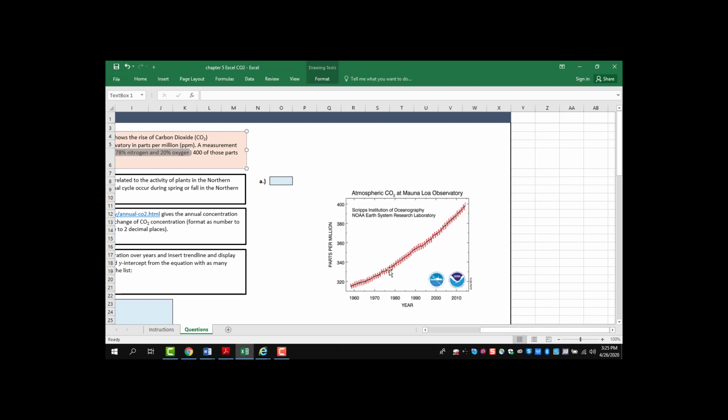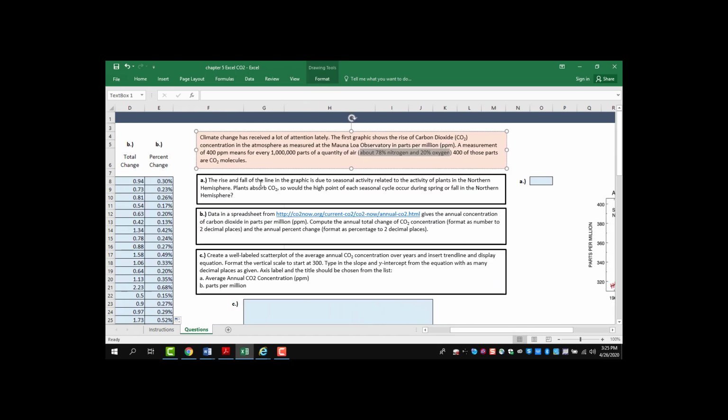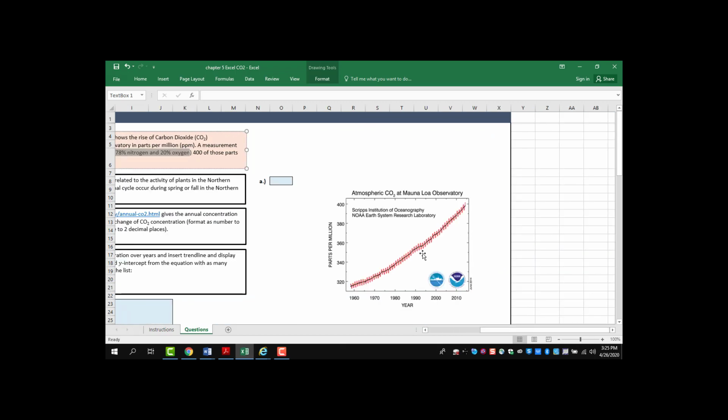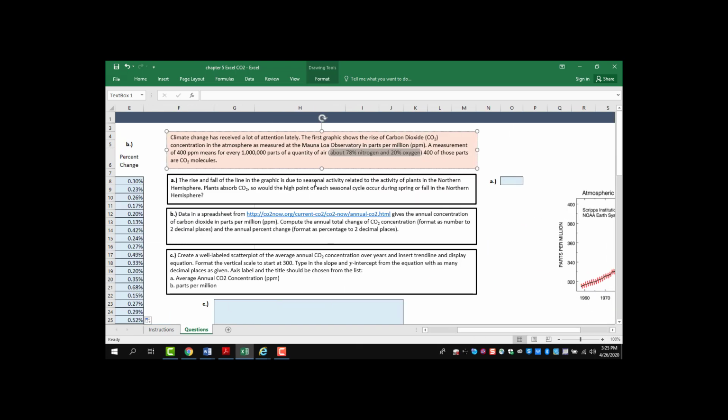Here is the rise and fall of carbon dioxide. It's going up. You can see as the years go by, it's going up, just like our table of values has shown. And the first question here, which is an important question: the rise and fall of the line, meaning up and down, is due to seasonal activity related to activity of plants in the northern hemisphere.